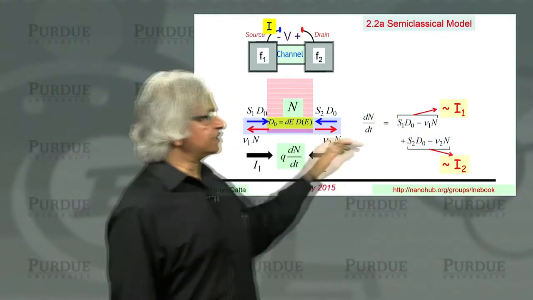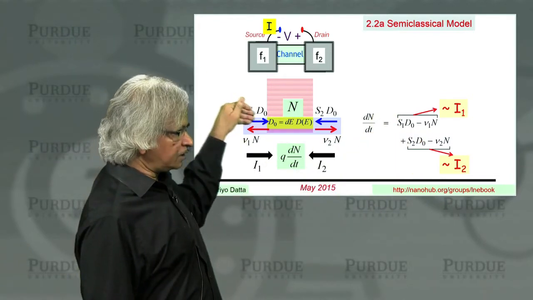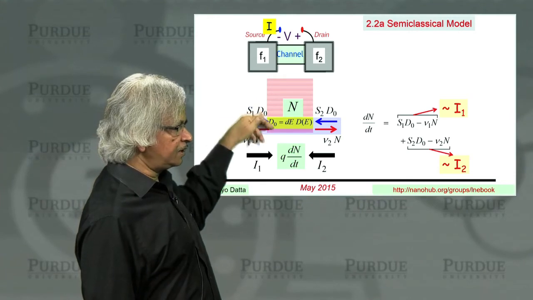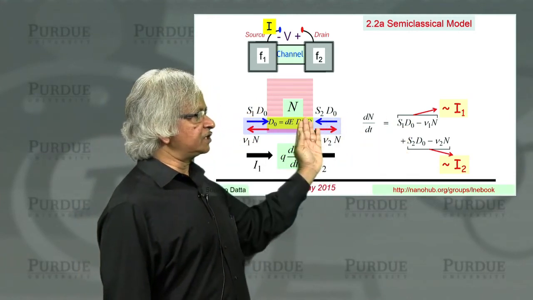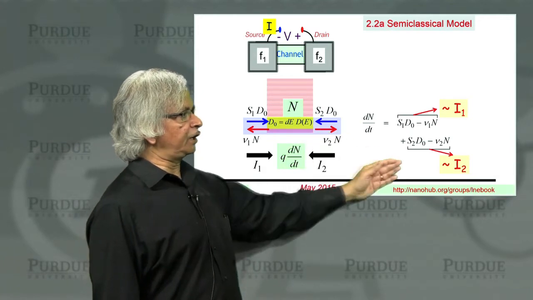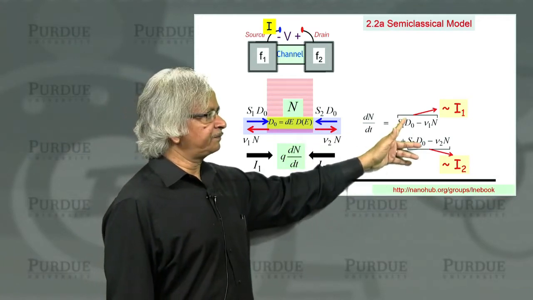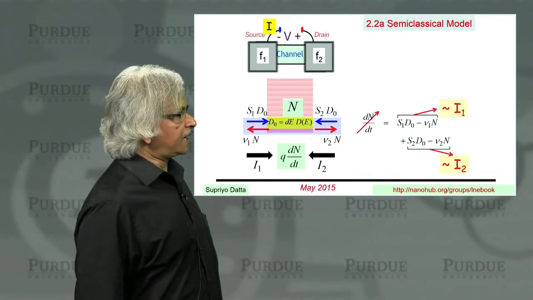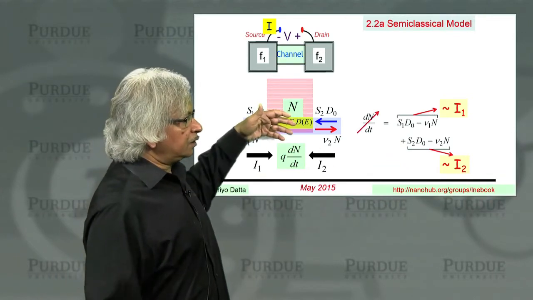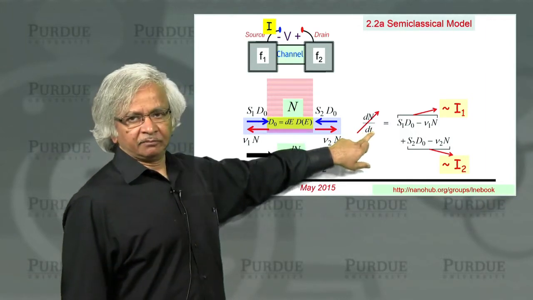So this term is the flow from the left, S1 D0 coming in, that's positive, nu1 n going out, that's negative. S2 D0 coming in, nu2 n going out, positive, negative. Now, at steady state, there is no further change in the number of electrons.